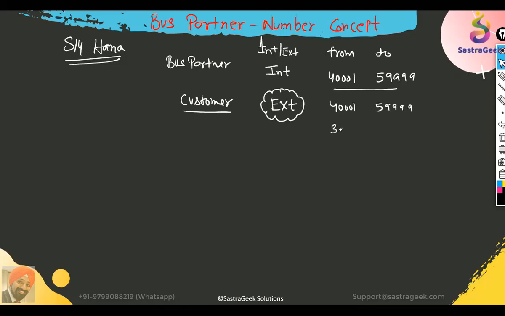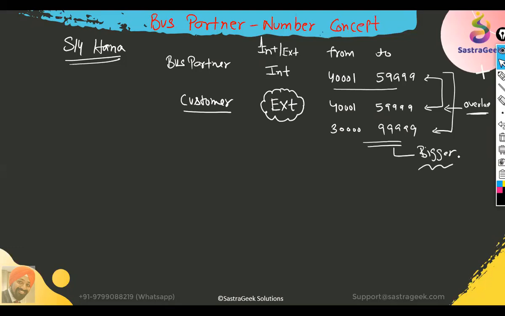It can be 30000 to 999, either the same number range or an overlapping one, and in the overlap, the customer range should be the bigger number range.